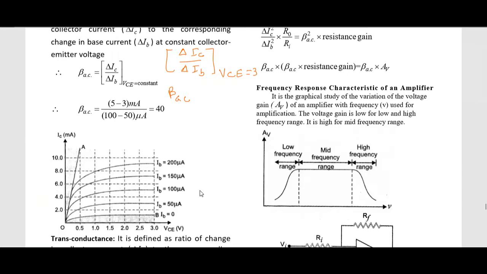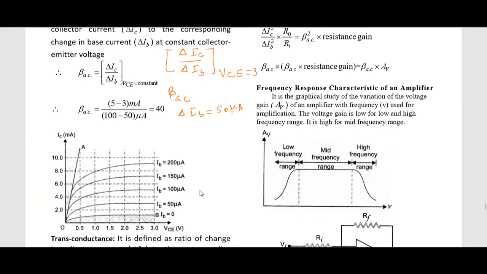And I can choose any two intervals. Say I pick up this interval delta IB. First I will fix delta IB. Let me fix delta IB to be 50 microampere.